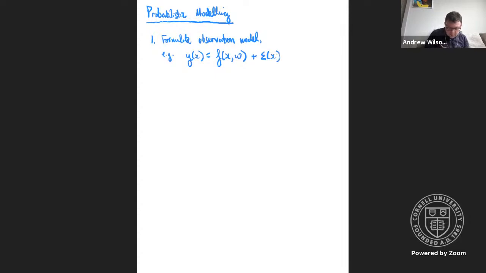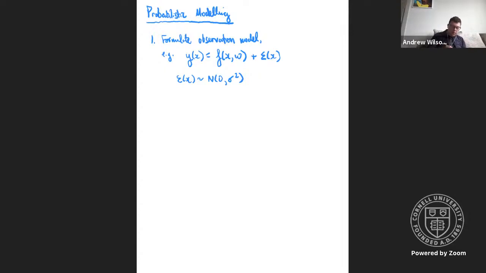So here I'm saying epsilon of x comes from a normal distribution with a mean of 0 and a variance sigma squared. Of course, I could have said something different, and we'll get into that in a moment. But this is just an example of an observation model which says this is how we create our y's from our x's and the parameters that we have.